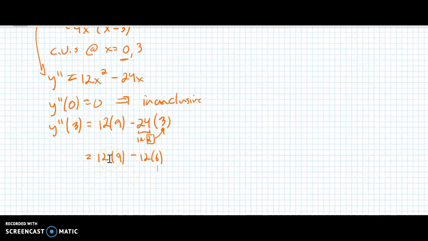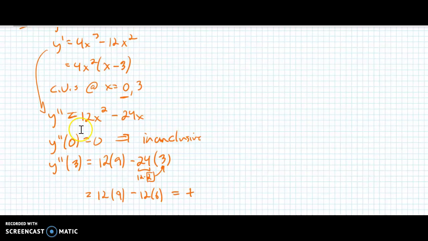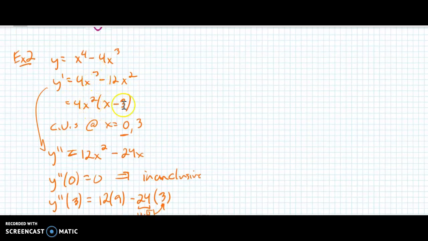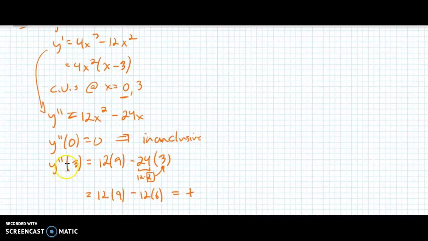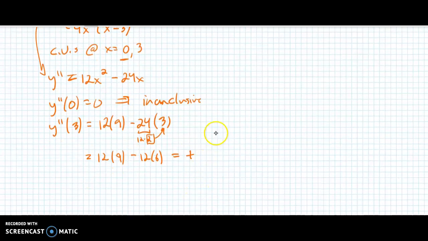I really only need to know if this is positive or negative. Because 9 is bigger than 6, and the 9 has the positive term, this is positive, right? So I got the first derivative equal to 0, and the second derivative positive. So y double prime of 3 is positive. Draw concave up.